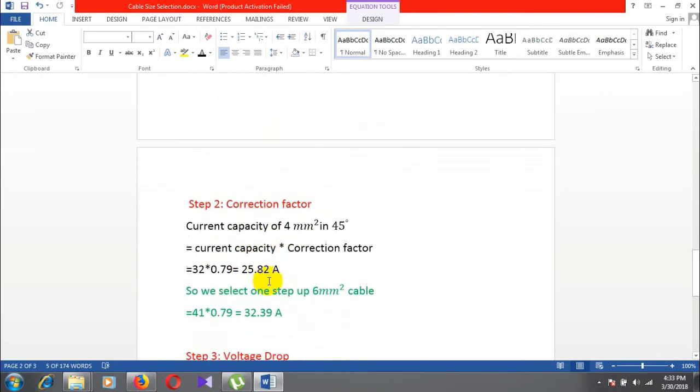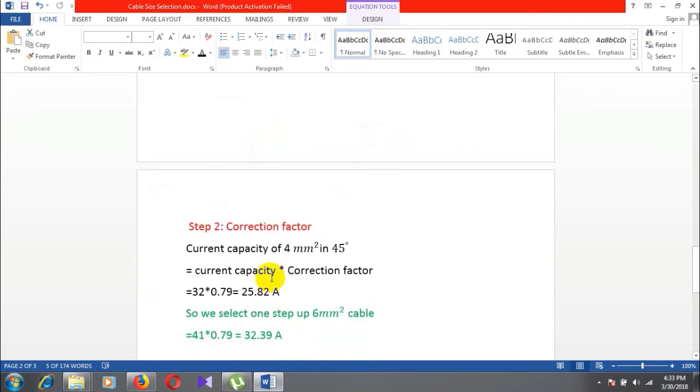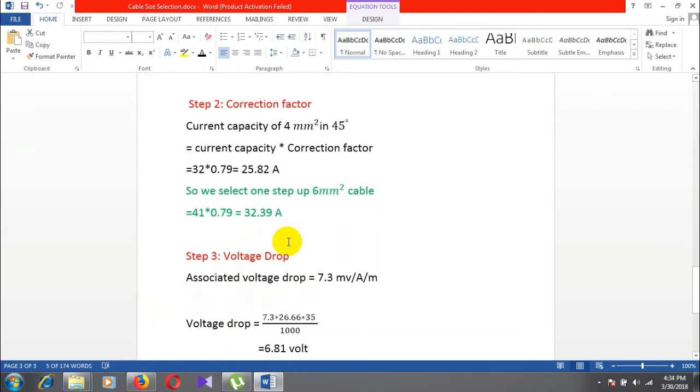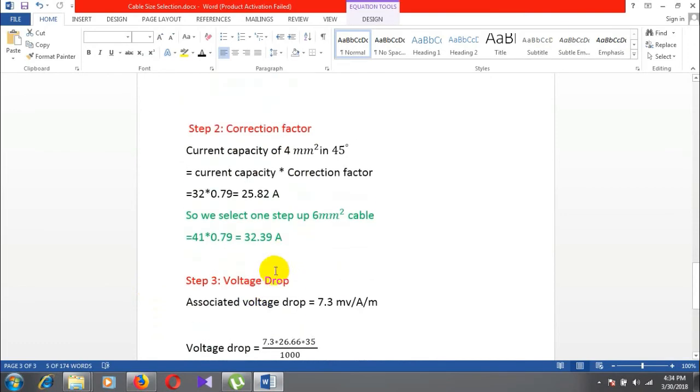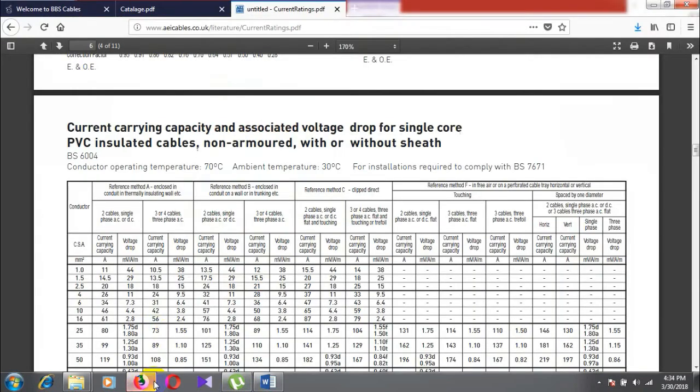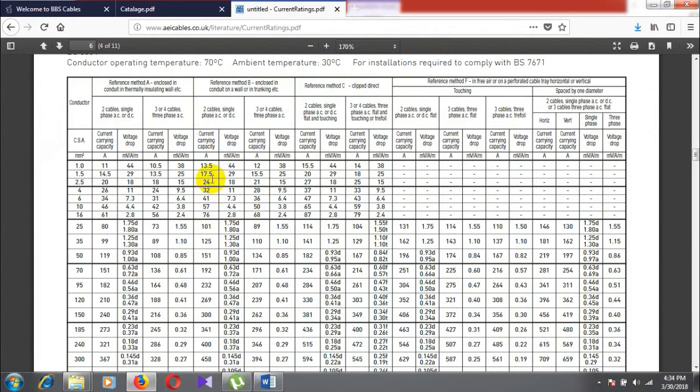But if the length is greater than 10 to 15 meter, then we also follow another step, and that step is the voltage drop step. In this chart we see a voltage drop column.